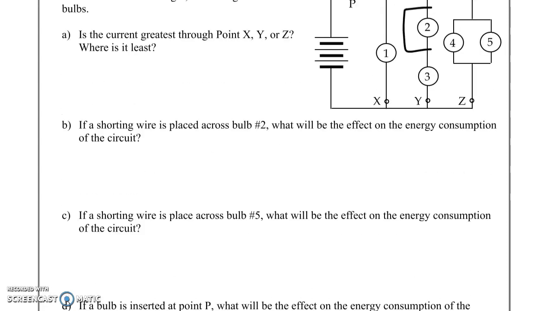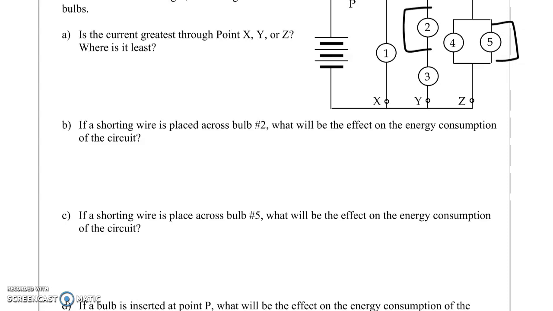If we put that across bulb number 5, right here, then we have given the circuit a path where there is no resistance at all. Since there's no resistance at all, that means that our power is going to increase, kind of, well, I think it drops to 0, but not exactly 0 because the wire is going to get hotter.